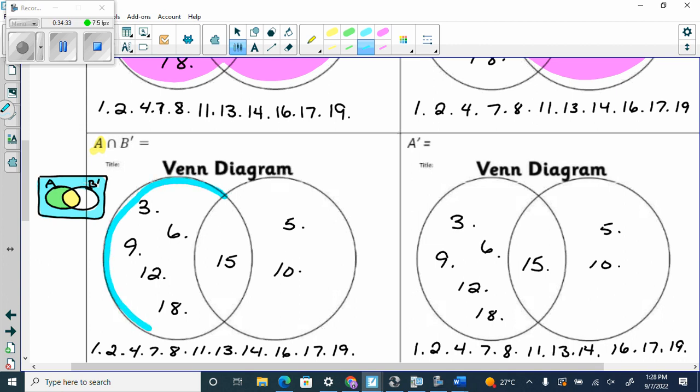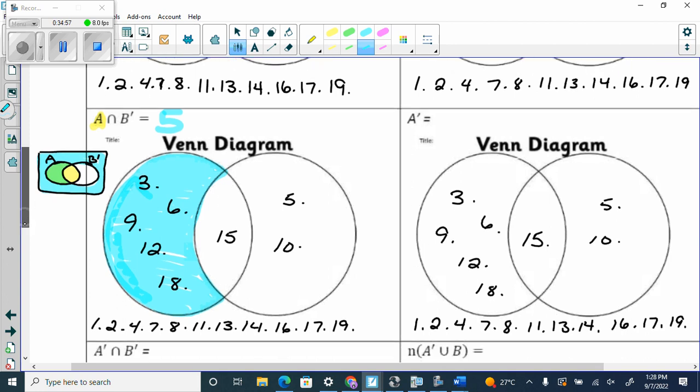So that's the part I'm going to shade. I was walking around and a lot of people were doing it correctly, so that's good. Okay, so that's going to be 1, 2, 3, 4, 5. Let's see if I can write with a highlighter. There's 5.